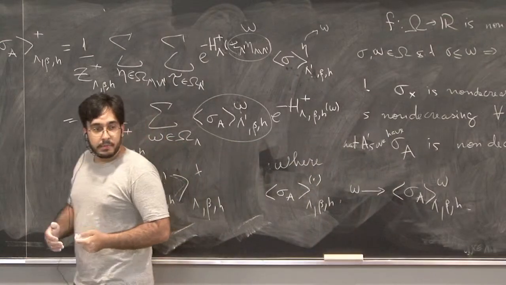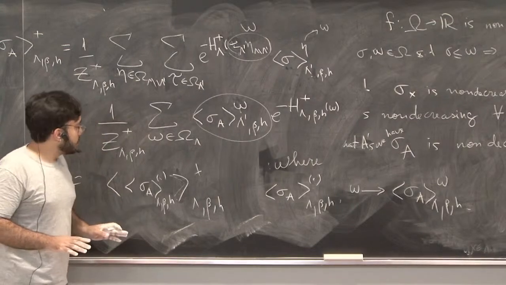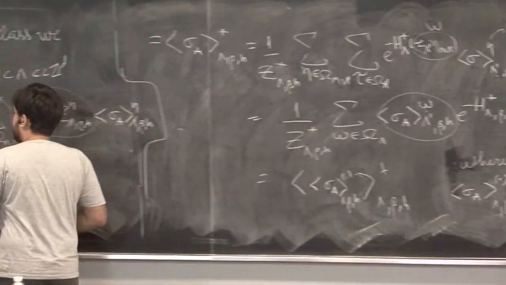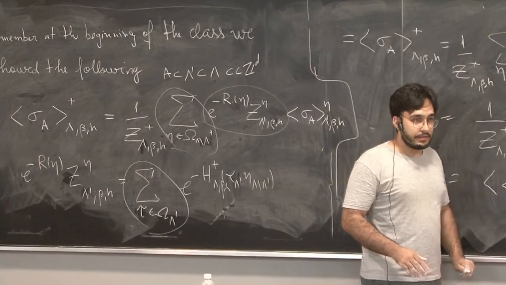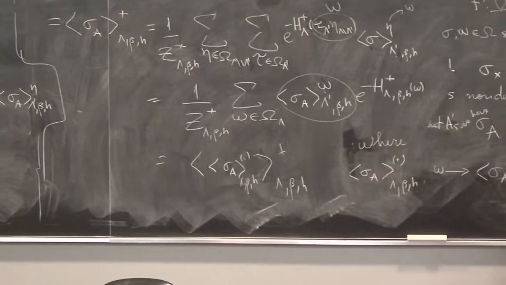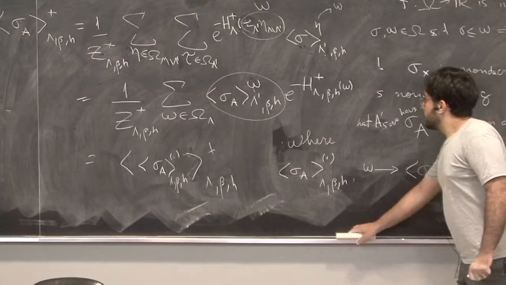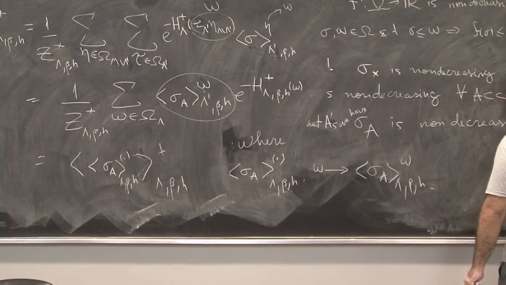Some of you may already have recognized this. This relation that the local Gibbs measures have is called the DLR equations.